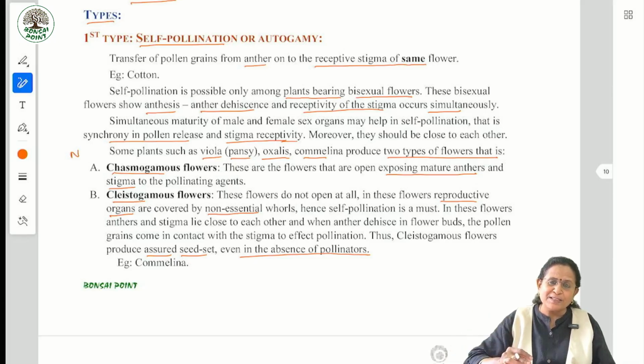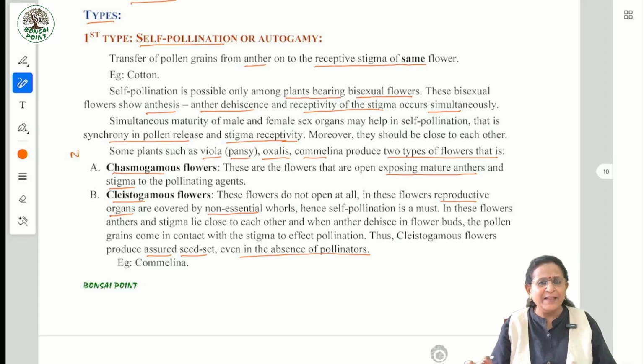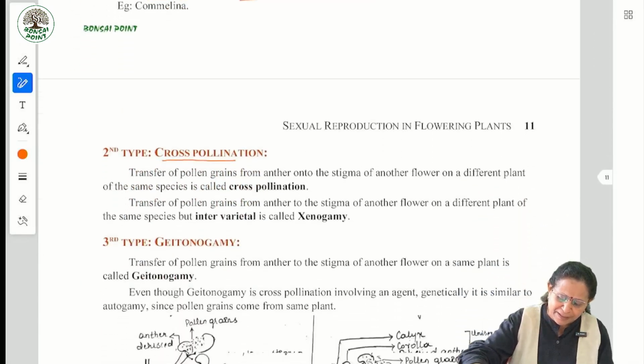Cross-pollination is a matter of chance: pollen is carried away by pollinators and may by chance fall on the receptive stigma. But here there are no pollinators, and accessory whorls cover the sex organs, hence seeds are assured. In the sense, fruits are formed definitely.